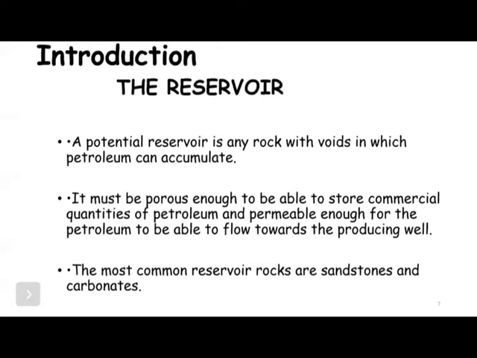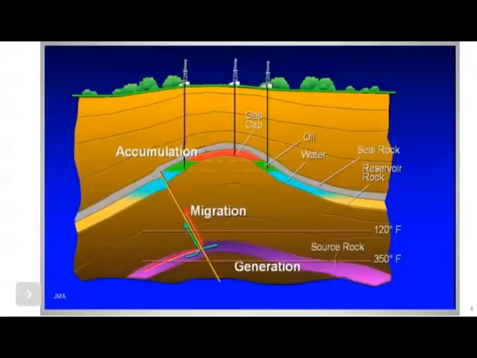Okay, thank you. So a reservoir, as I've said, we are petroleum experts, so we know it's a log, or any log with void in which petroleum can accumulate. It must be porous. These are just the basics which you need to understand. As you can see there, we have a picture which shows the anticline, and we have a fault.